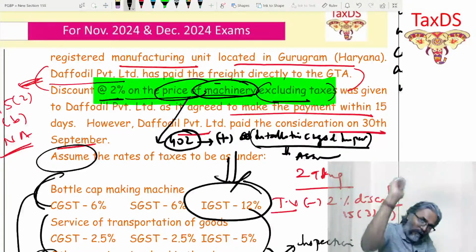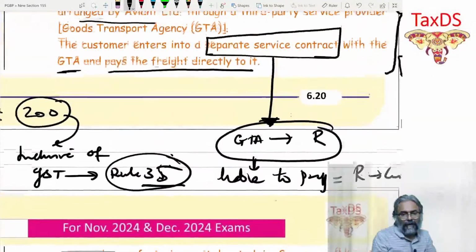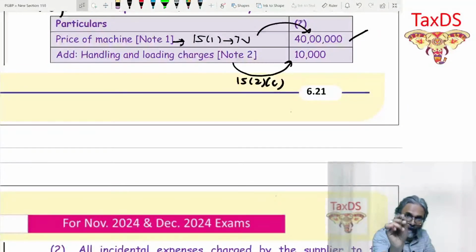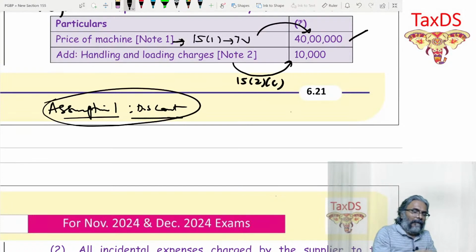So, assumption number one. What is assumption number one, students? The discount. Please write. This is the question which is going to come in your examination and you will remember me at that time. Assumption number one, discount. Please write, I'm dictating it.